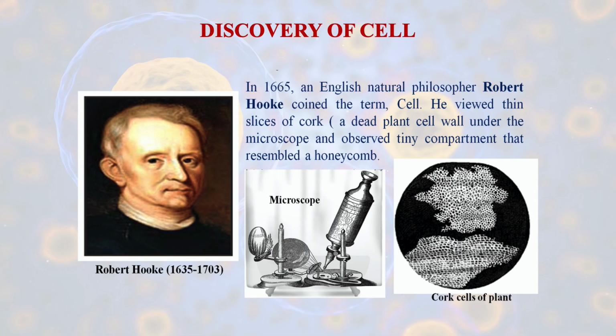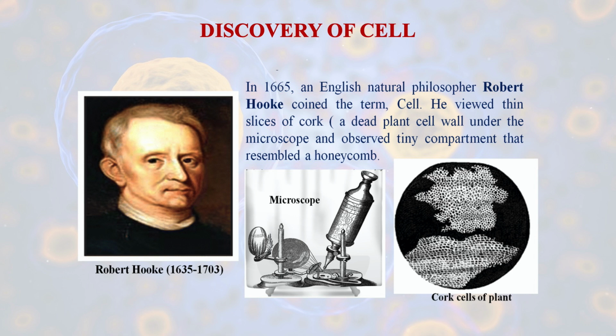So let us understand who discovered the cell and how cell biology started. The field of cell biology started when the cell was discovered. The scientist Robert Hooke discovered the cell. He used the microscope to view the cork cells of a plant. What he observed were the dead cell walls of the plant.